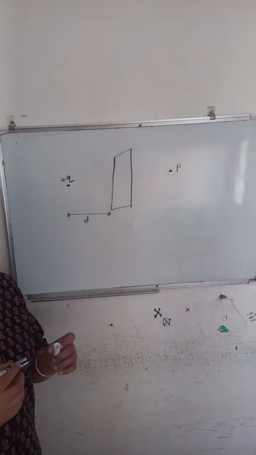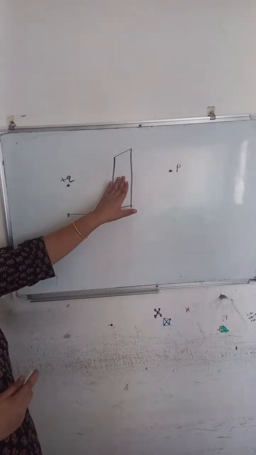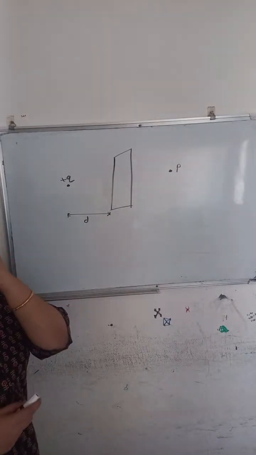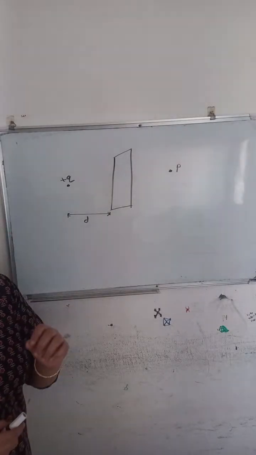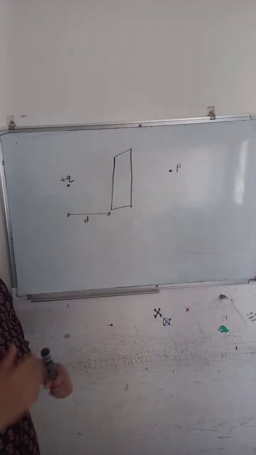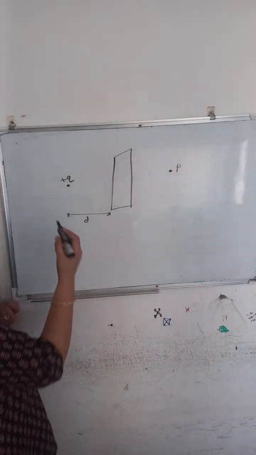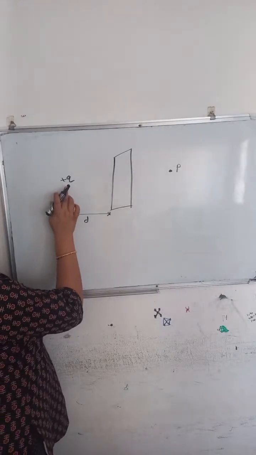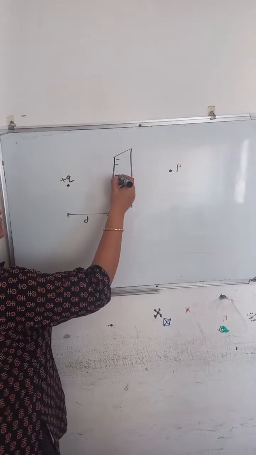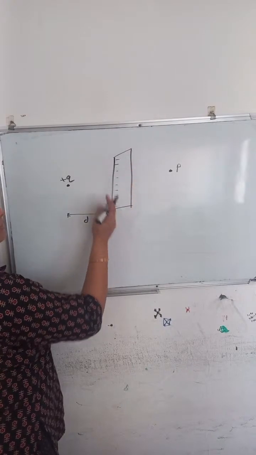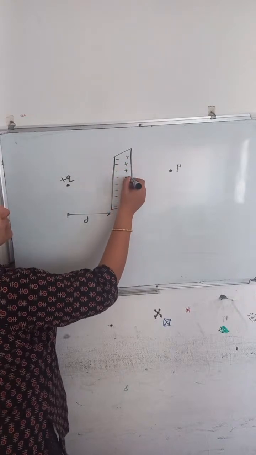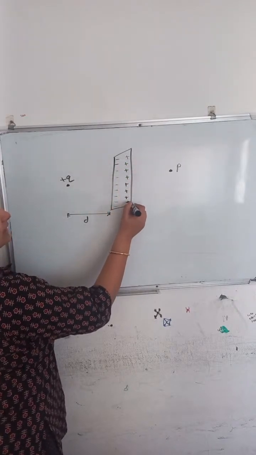Here the very important thing is this is an isolated plane sheet, and a positive charge is kept near it. That means we are using the concept of induction, not conduction. If the body is neutral and a positive charge is kept near it, then all the negative charges of this isolated body accumulate at one side, and positive charges accumulate at the other side.